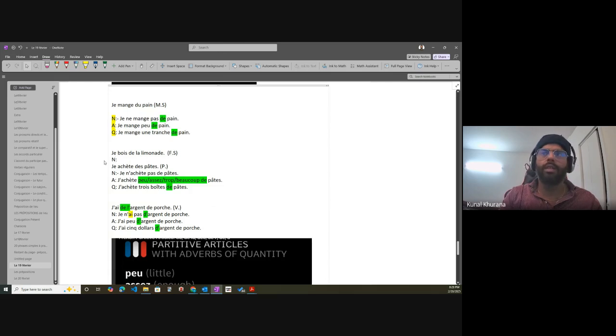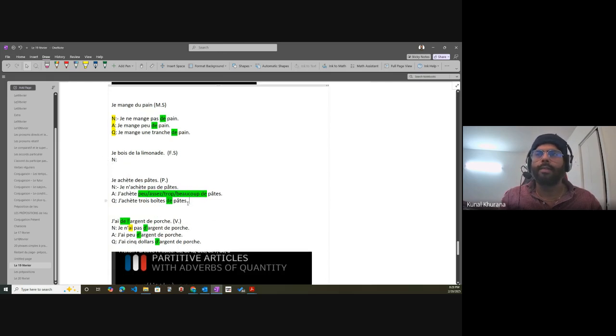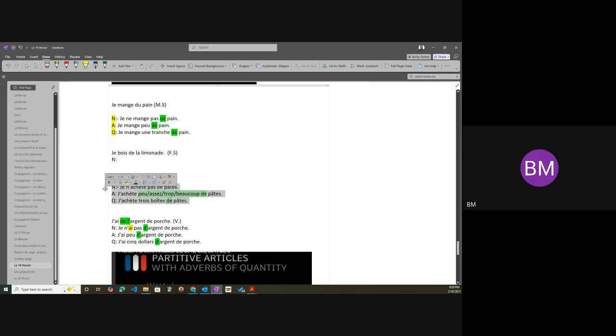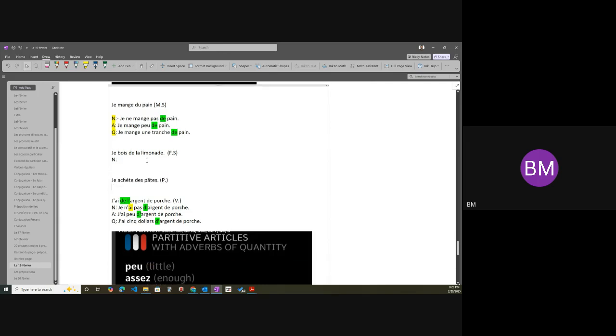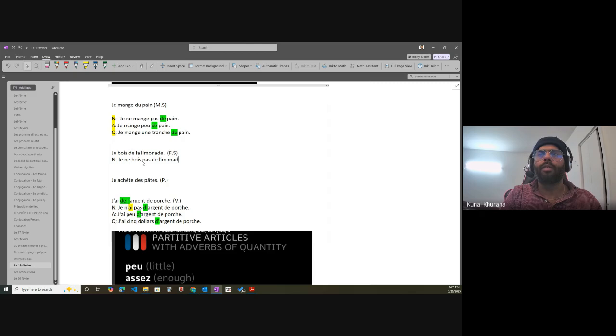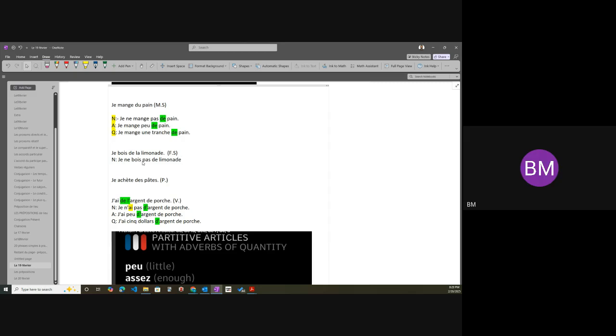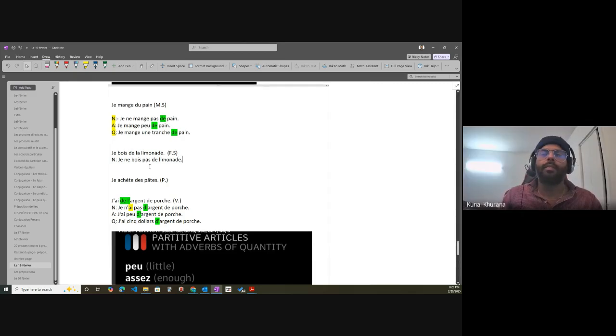So what would be the negation of this, please? Je bois de la limonade. So je ne bois pas de limonade. So the la is not there because of the fact that we have a negation here.